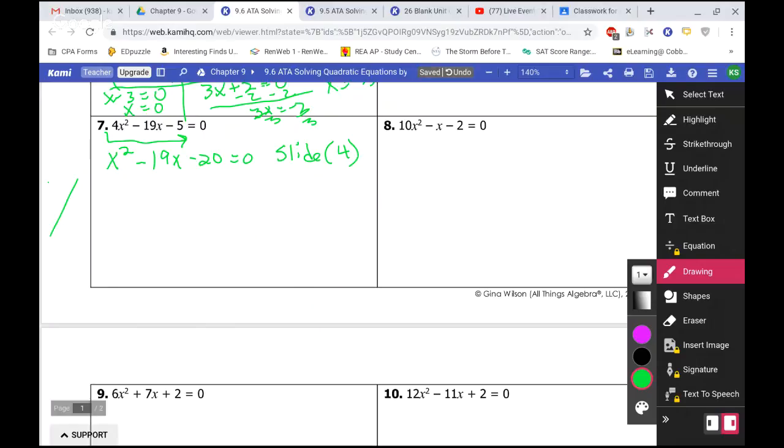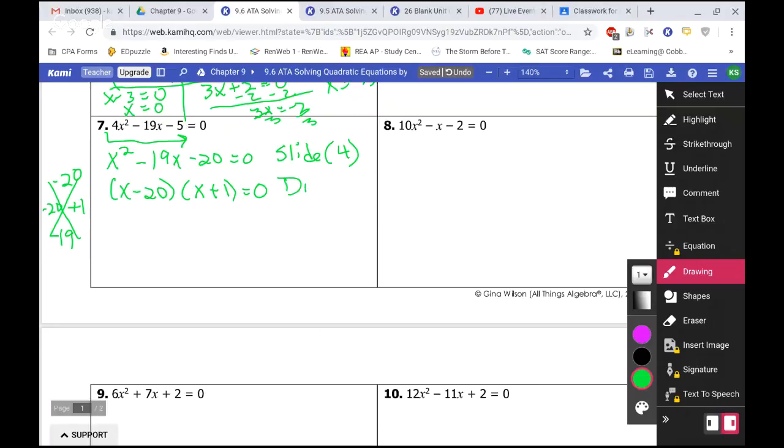So now I'm looking for two factors that multiply together to give me negative 20, that when I add them will give me a negative 19. Well, that's going to be a negative 20 and a positive 1. So then I've got (x minus 20)(x plus 1).